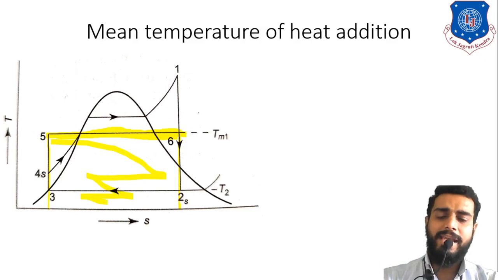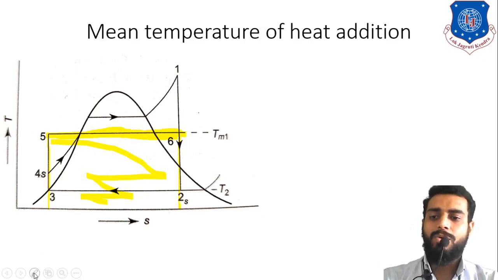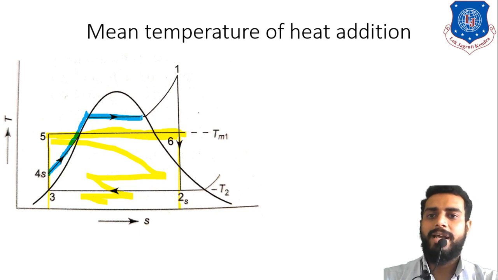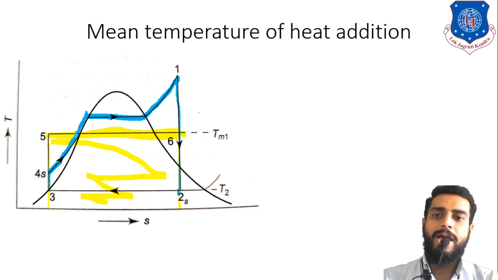If this area is equivalent to the area under the curve from 4s to 1, which is highlighted by blue color, and that blue area is nothing but the heat addition during the Rankine cycle, 4s to 1, so the area under that curve is equivalent to the area under the line drawn at 5, 6.